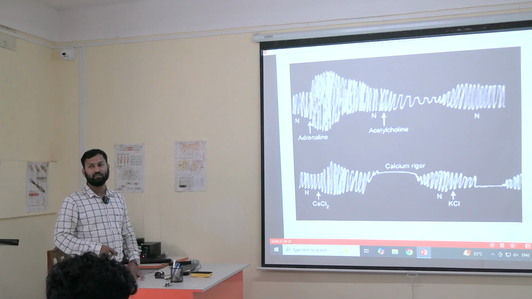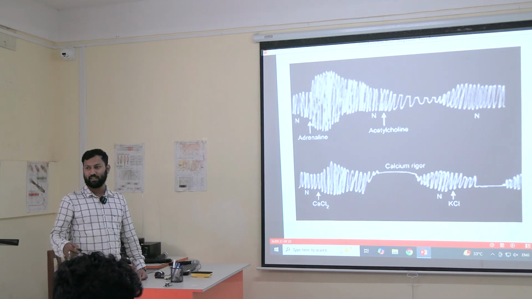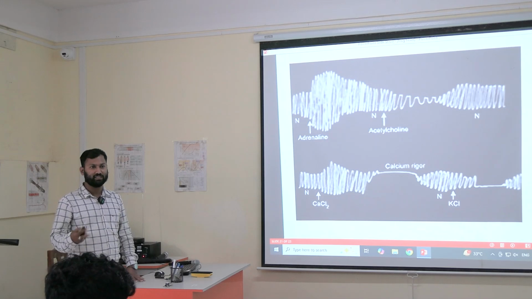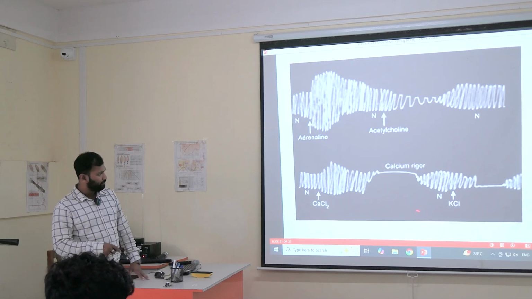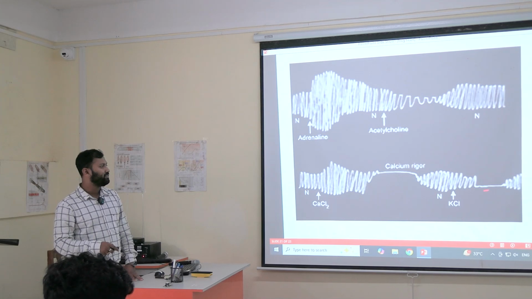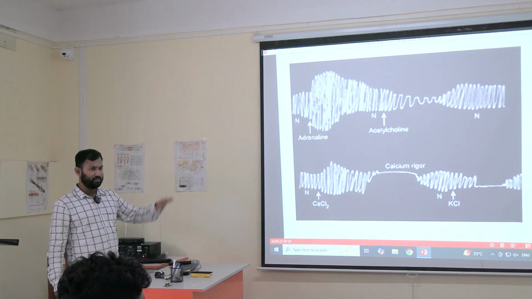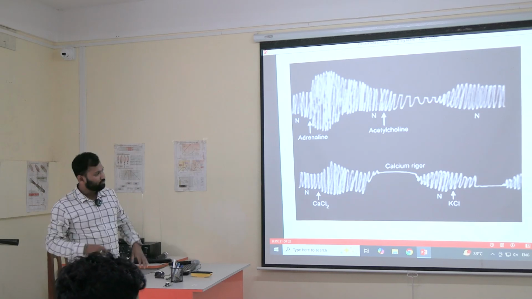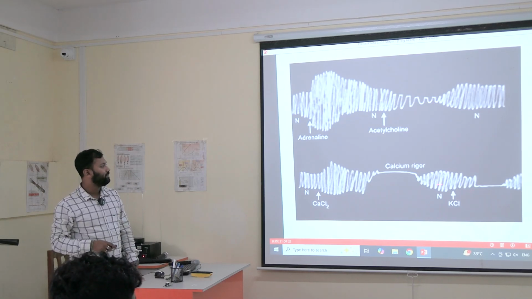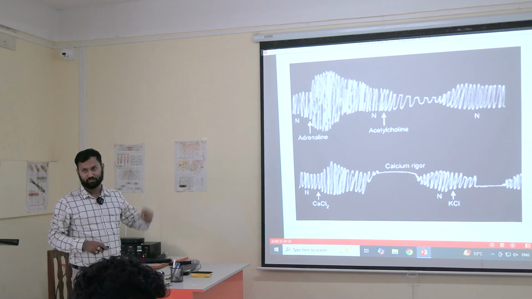Now potassium, what will it do? It will hyperpolarize the heart muscle, or the potential of the nerves of the heart muscle. So it will hyperpolarize this, and thus it will be difficult to depolarize the membrane potential. So in this case, the heart will stop at diastole.